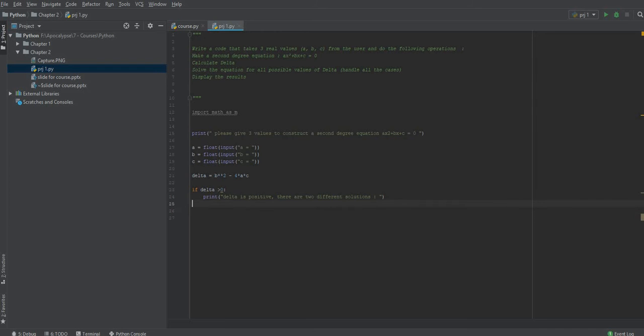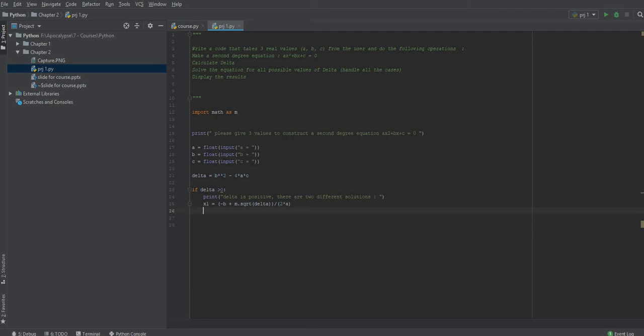The solutions are x1 equals minus b plus the square root of delta, and all of this will be divided by 2a. This is all about mathematics, so we are just trying to code all of that.